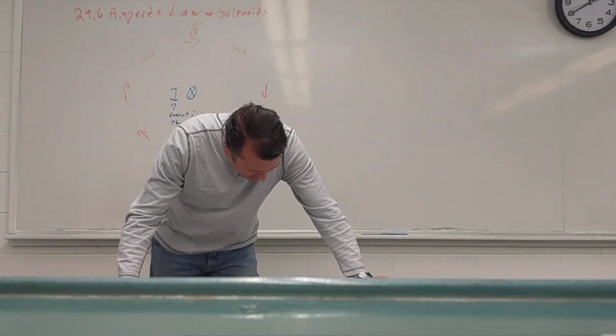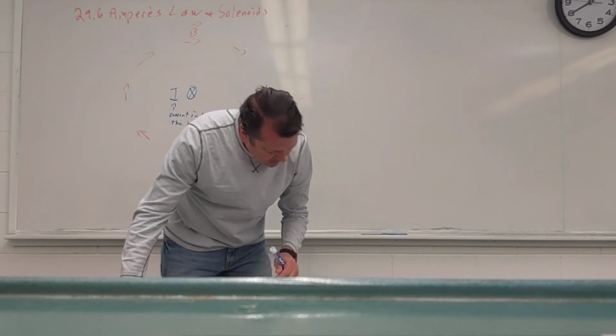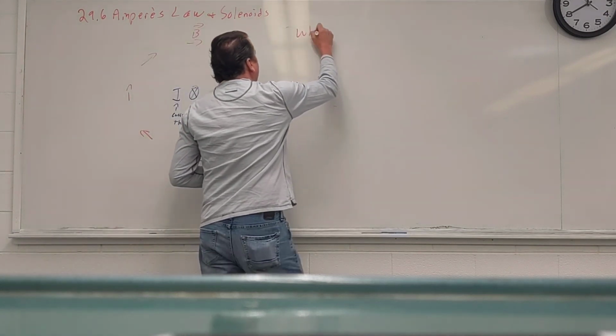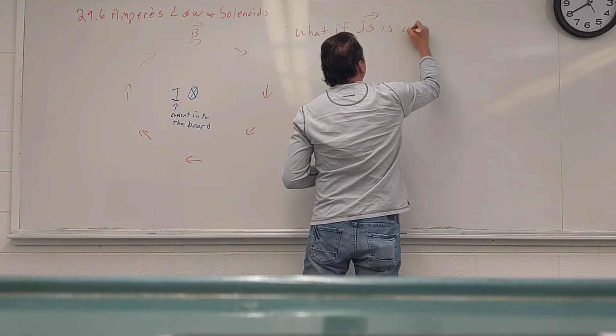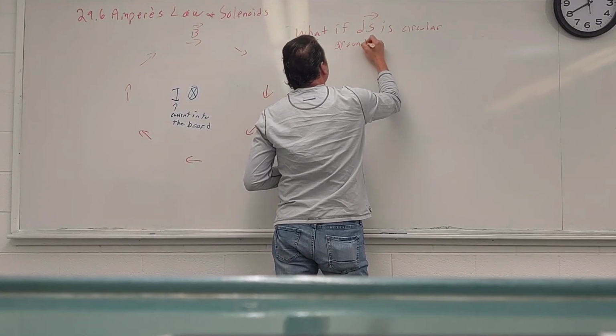What if I made my ds in the same direction, circular around the wire?